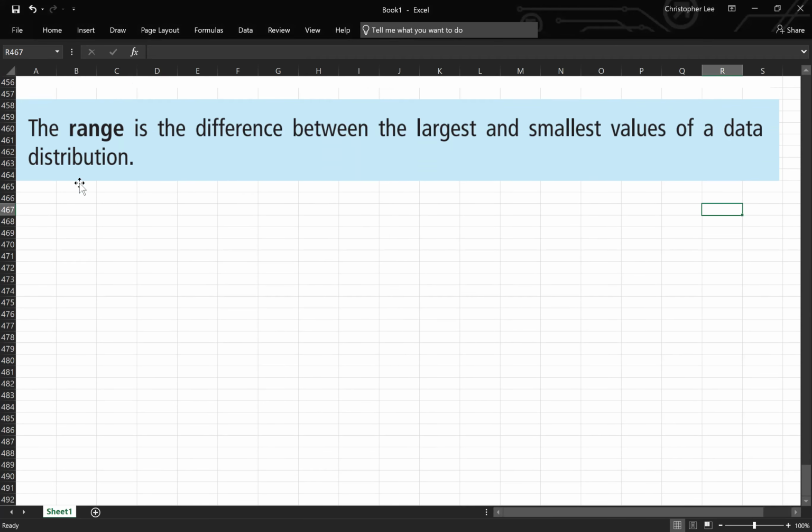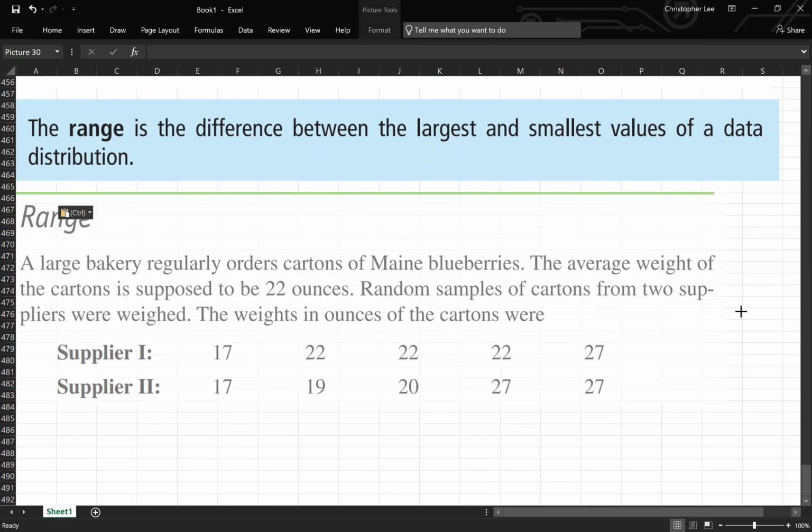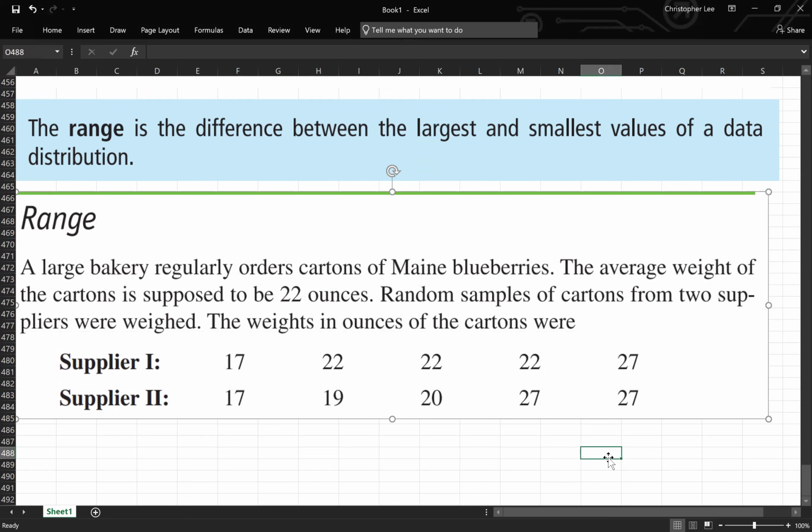Let's look at an example real quick. A large bakery regularly orders cartons of Maine blueberries. The average weight of the cartons is supposed to be 22 ounces. Random samples of cartons from two suppliers were weighed. Supplier one, supplier two. The weights in ounces of those cartons were as follows.